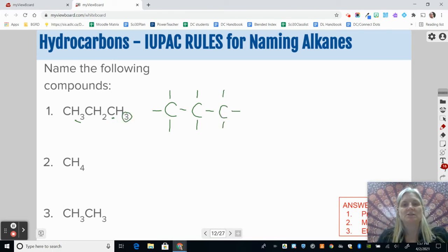So this is an alkane. There's no double bonds, no room for anything else to be bonded in here. This is just a 3 carbon chain. And if you go to page 9 in your data booklet, you'll see a 3 carbon chain is called propane.